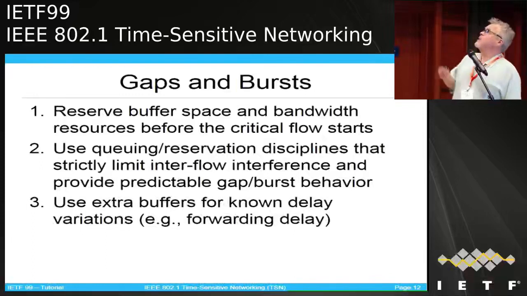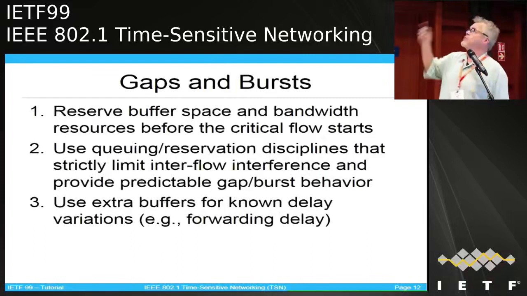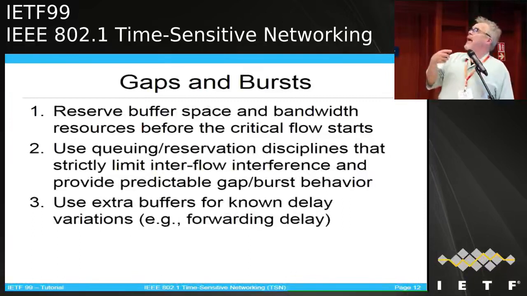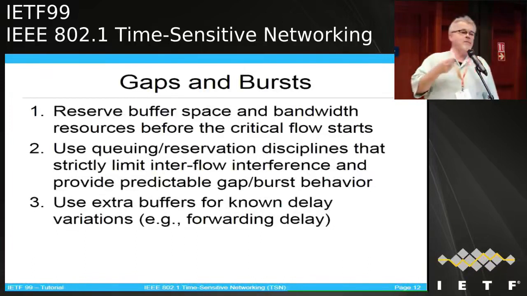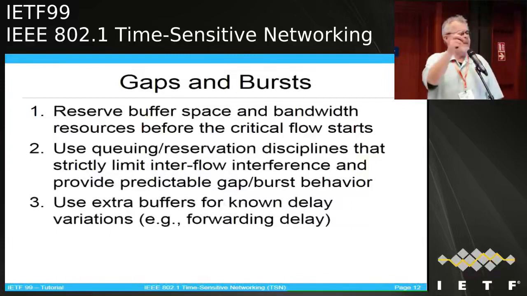So what we do in TSN is we reserve enough buffer space. We reserve the buffer space before the flow starts. We use a queuing and shaping discipline that minimizes the interference between flows, and also provides a predictable gap and burst behavior so that we can figure out what is the worst case of the bursts versus gaps in two adjacent hops.